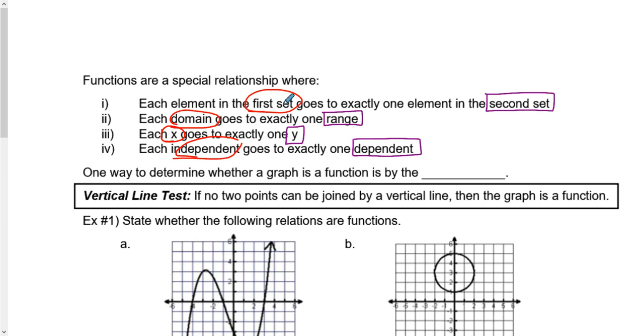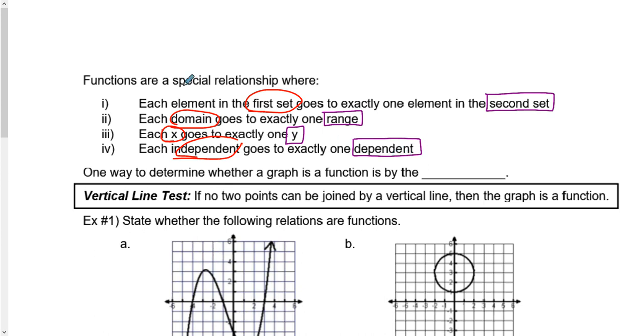I could say first set going to exactly one range. I could change these orders to say, okay, domain goes to exactly one y, or the independent goes to exactly one range. First set, domain, x, and independent all mean the same thing. Second set, range, y, and dependent, they all mean the same thing.